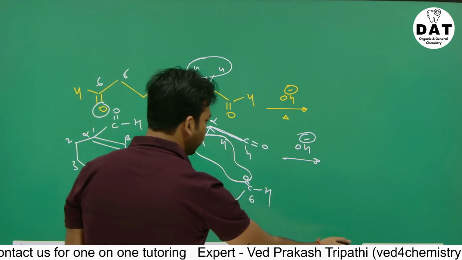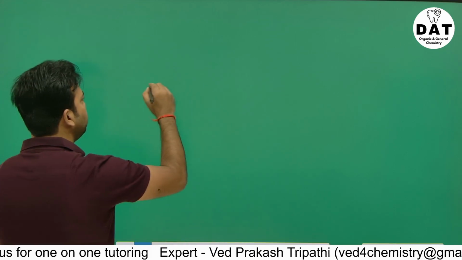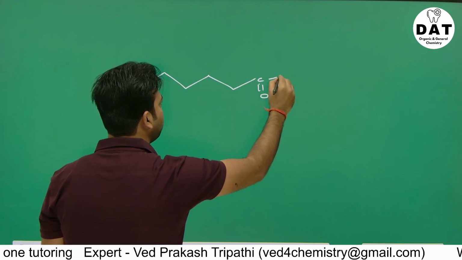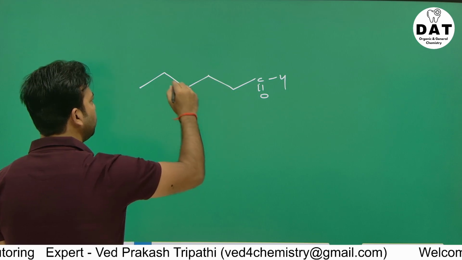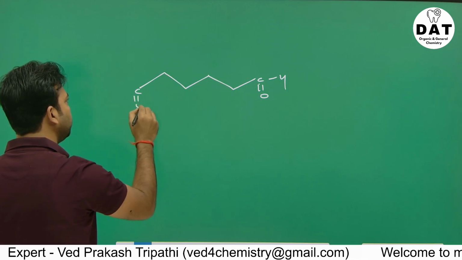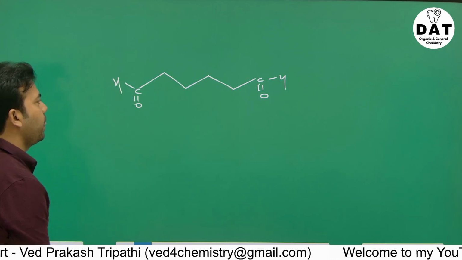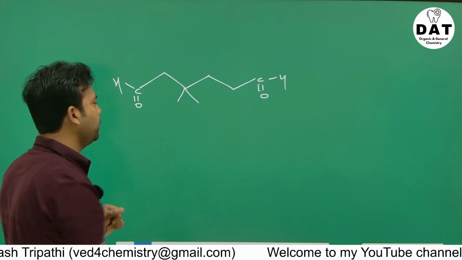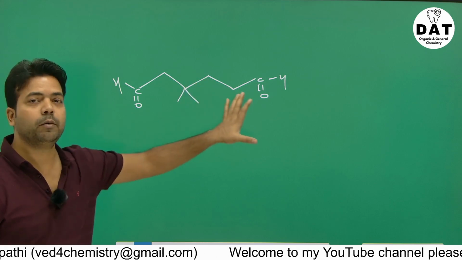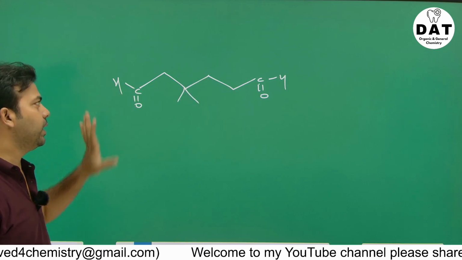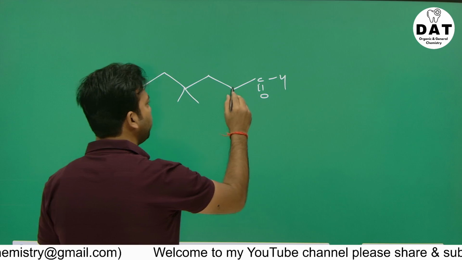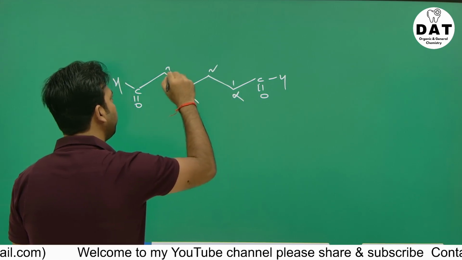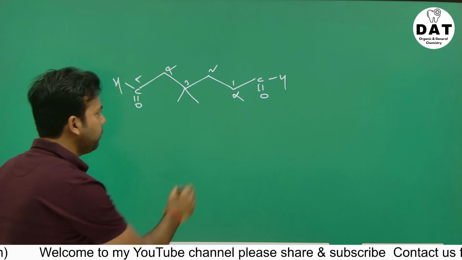Suppose we have another reaction like this. This one. So suppose here we have some groups like dimethyl. We have to start the numbering from the alpha carbon to the other mole of carbonyl. So this is supposed to be my alpha, and you can number this one as 1, 2, 3, 4, 5. Clear? We all know alpha has 2 hydrogens.